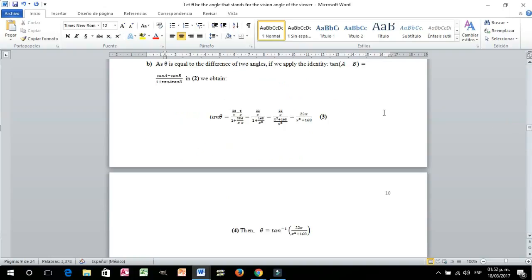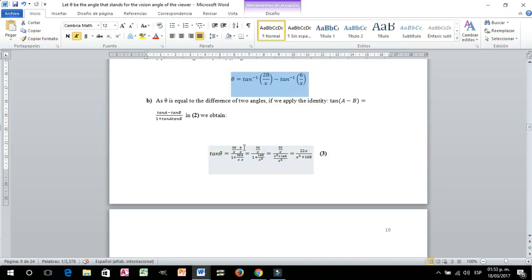Then, answering the second problem, which is the second demonstration, we obtain that as theta is the difference of two angles, we apply the identity of tangent of a minus b equal to tangent of a minus tangent of b over 1 plus tangent of a times tangent of b.